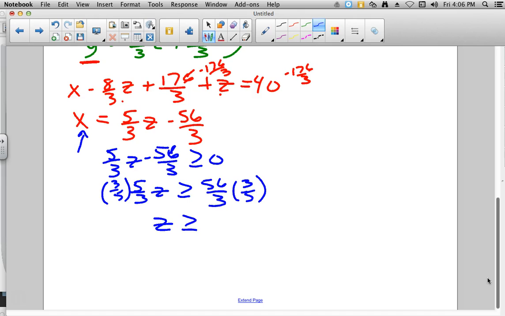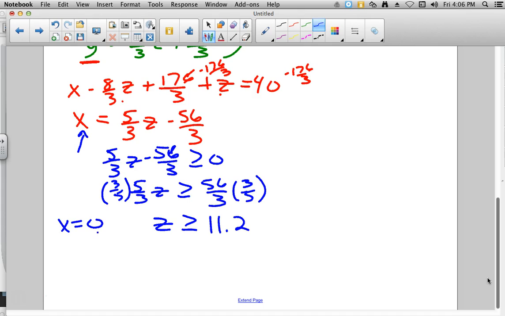So z is greater than or equal to 56 divided by 5, which is 11.2. And that's actually what it is when x is 0. Now, if we use any more of that 10% solution, which is below the concentration of what we want, we're not going to be able to get anything that has fewer milliliters, or in this case liters, of z, which was our 50% solution, because that 10% is just going to keep watering it down.